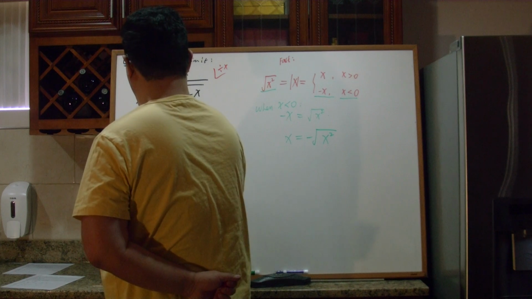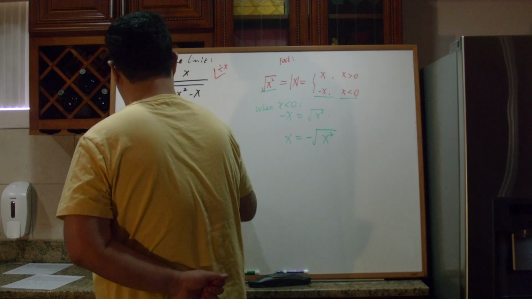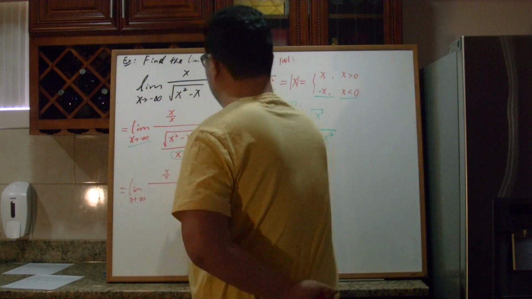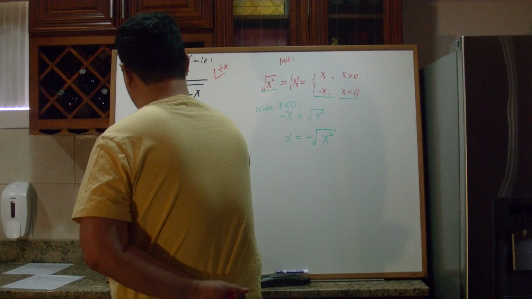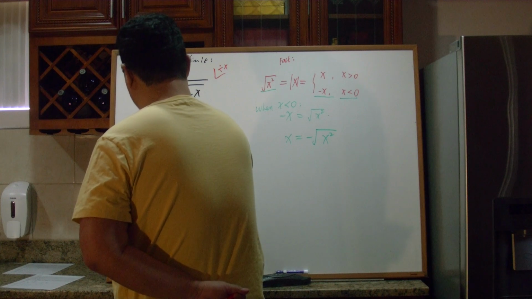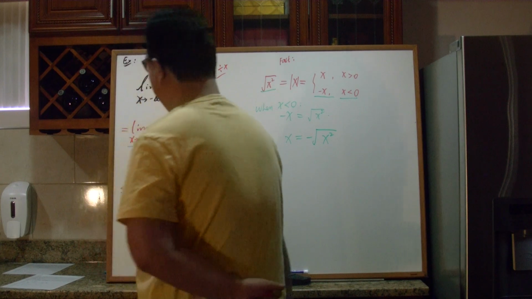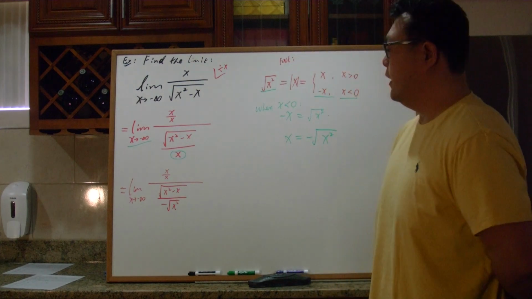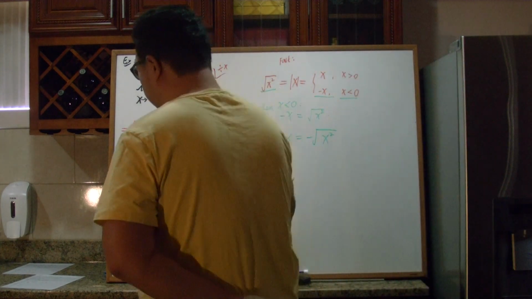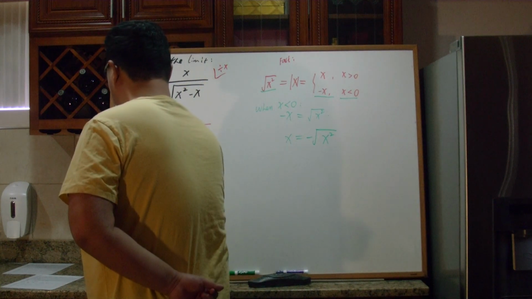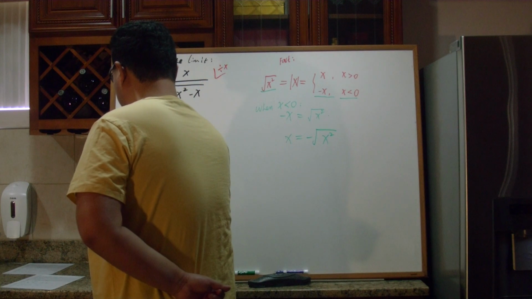The numerator is x over x. The denominator is the radical x squared minus x, divided by negative the square root of x squared, since x is negative square root of x squared.